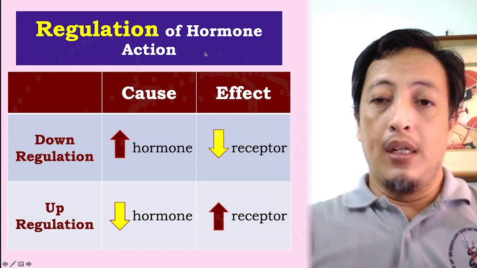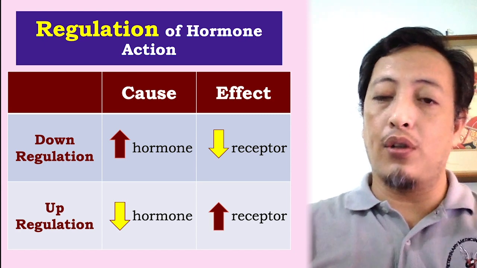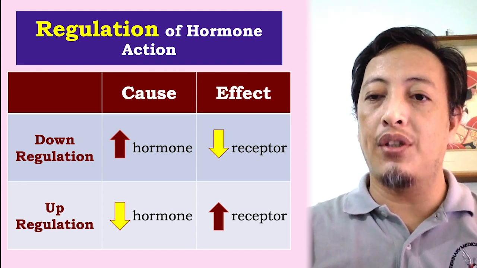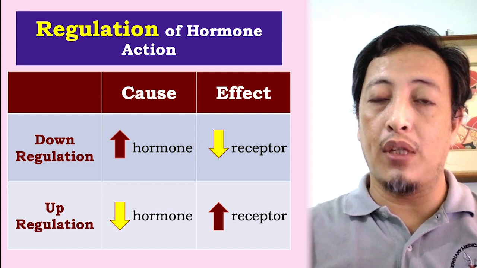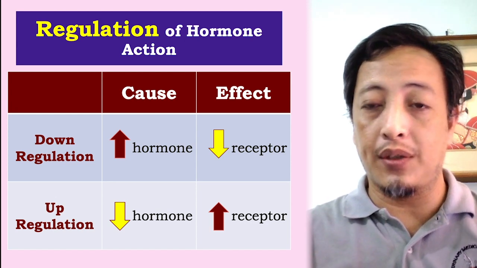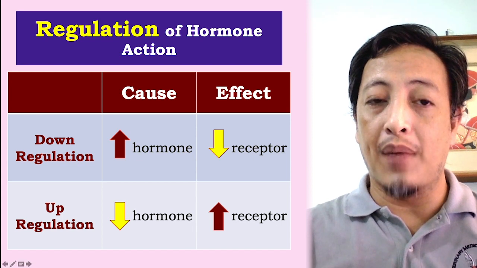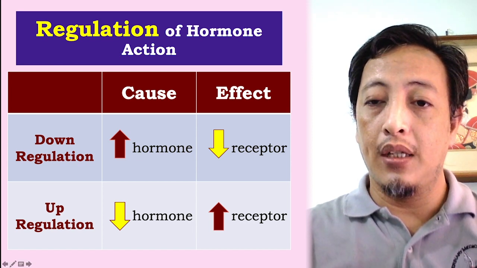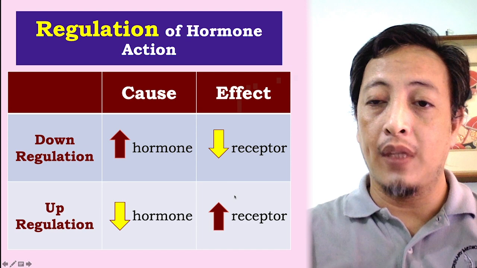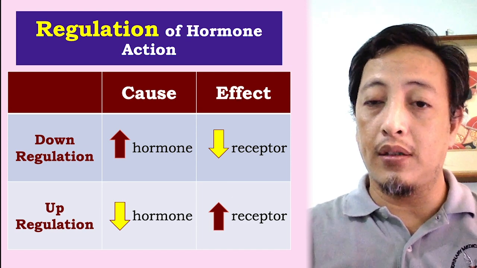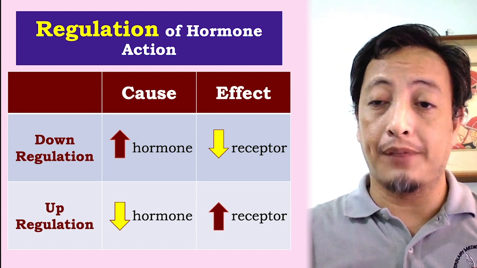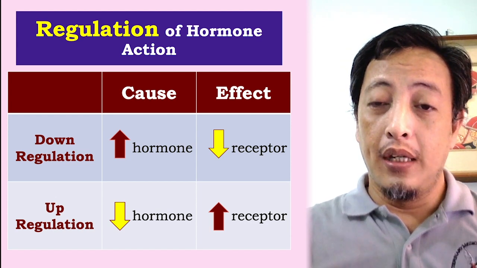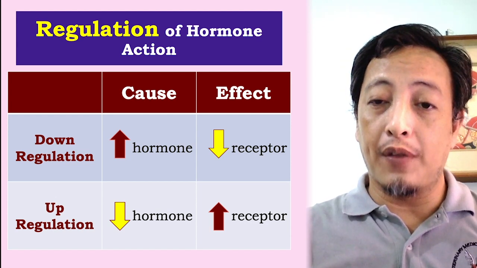Okay? So, down regulation can occur as a result of inactivation of some of the intercellular protein signaling molecules. So, merong temporary sequestration wherein yung mga receptors in the plasma membrane ay pumapasok sa loob. Okay? So, that is called internalization. At meron din namang iba na talagang nasisira na lang yung receptors. So, pero yun ay after ma-internalize yung receptor.